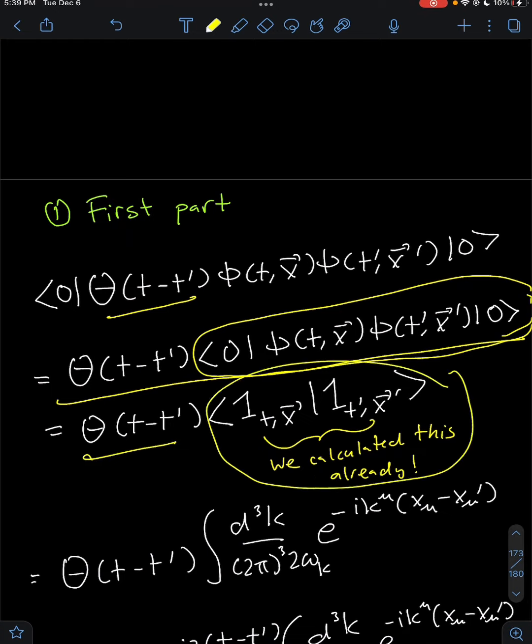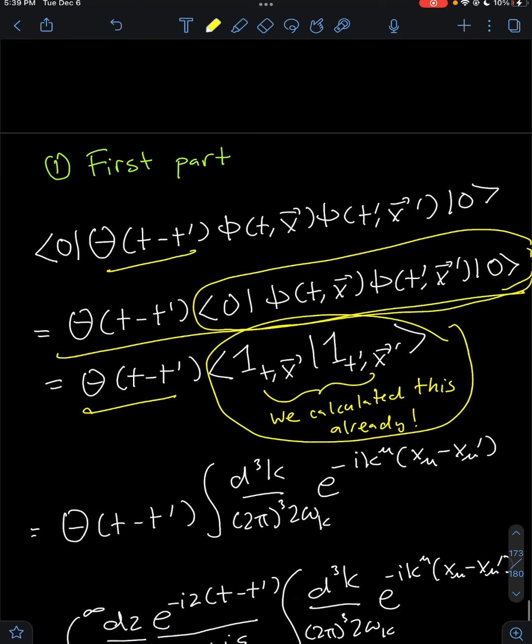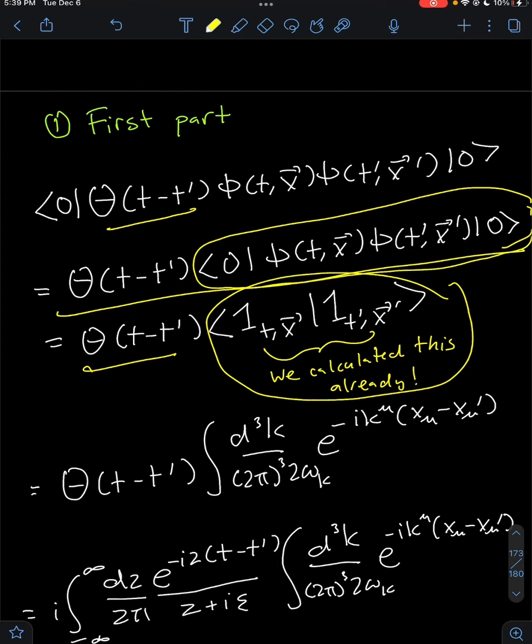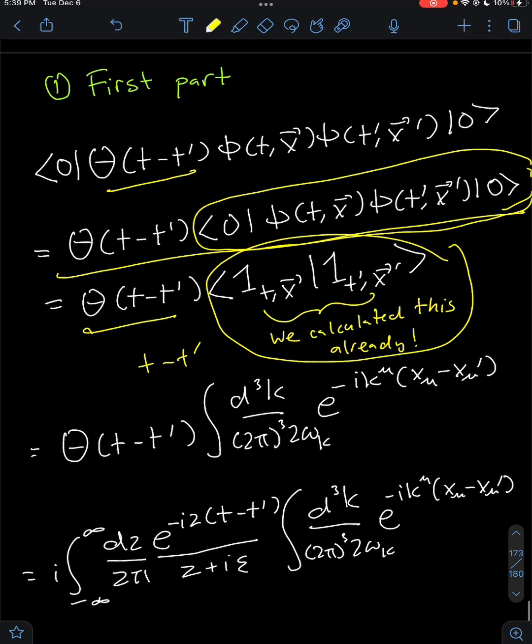For separate times, it's the same thing, but we have to consider a small aspect, which is that we are going to have a term where we have t minus t prime. But here is what we get for this inner product that we calculated in the last video.